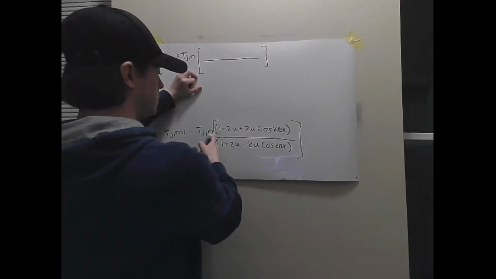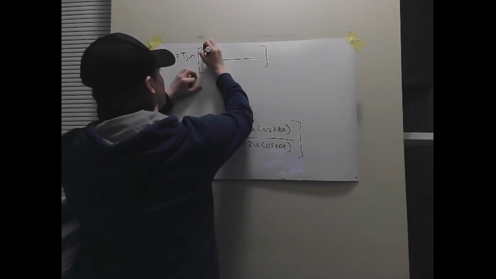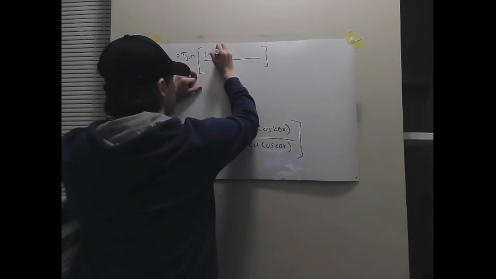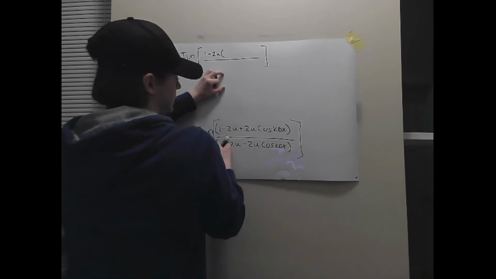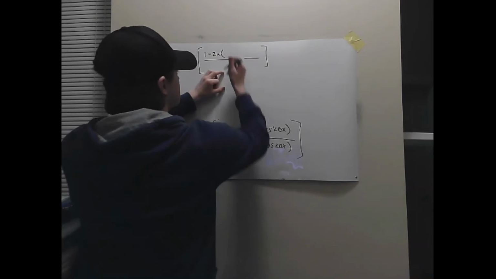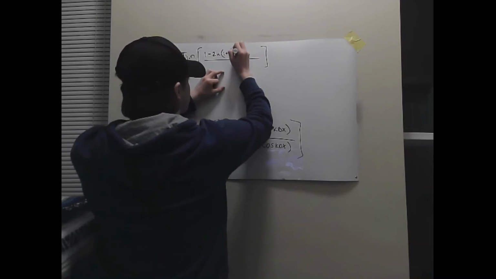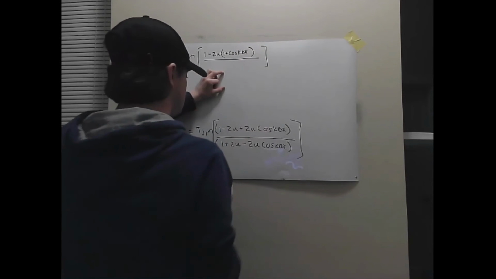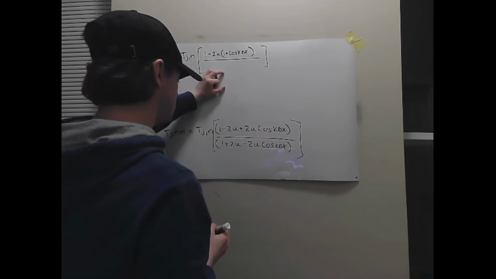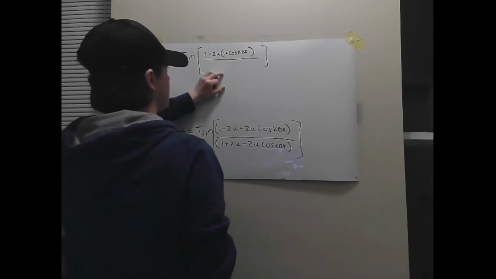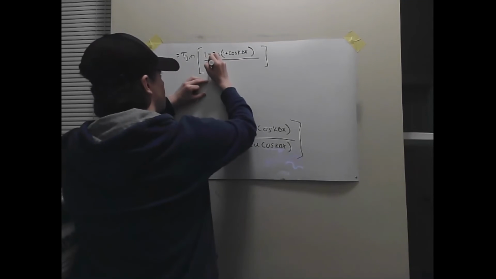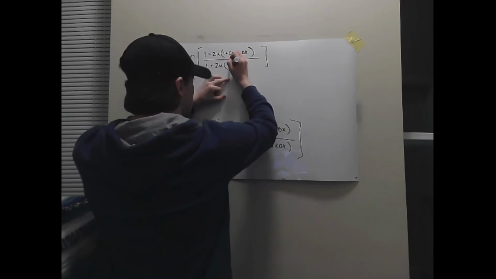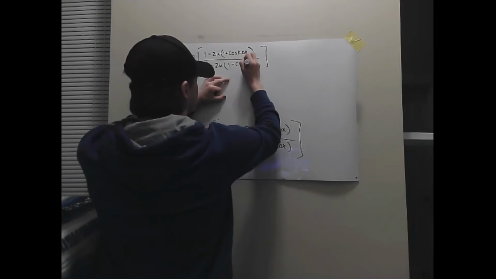So for the top, we're going to have 1 minus 2u times 1 plus cosine, and then in the bottom, we'll have 1 plus 2u times 1 minus cosine.